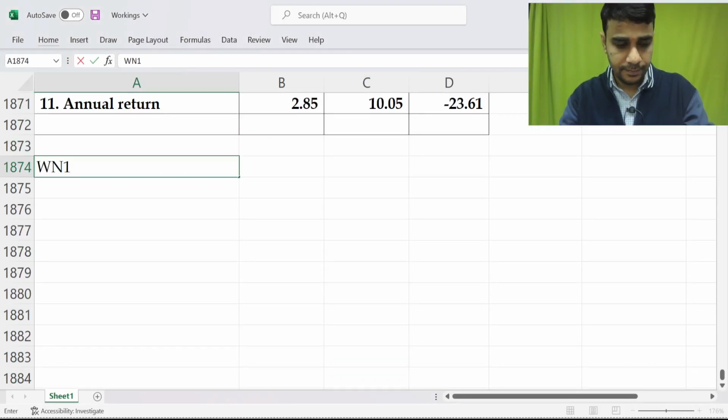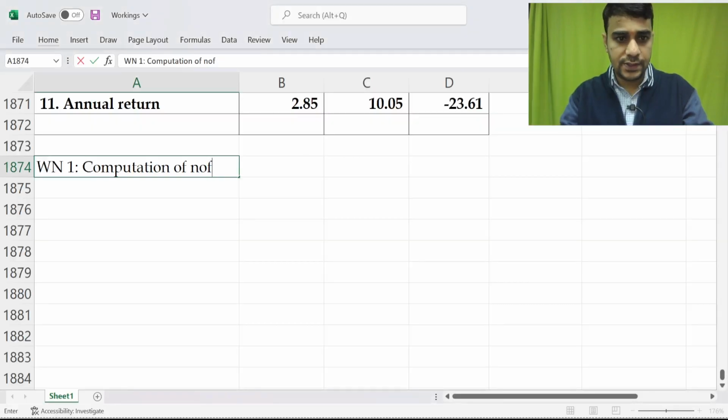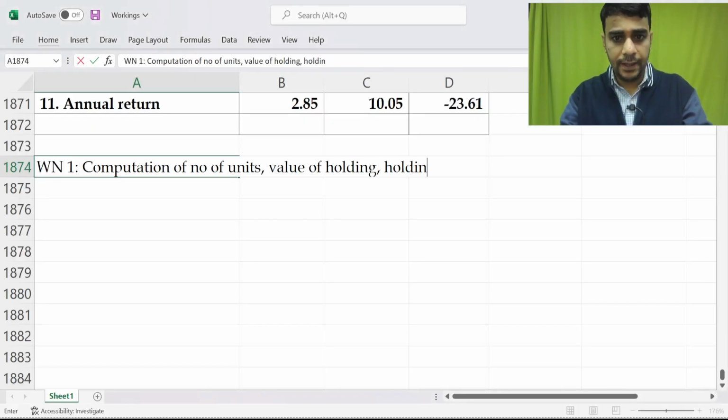Working note 1, computation of number of units, value of holding, holding period, and date of investment.